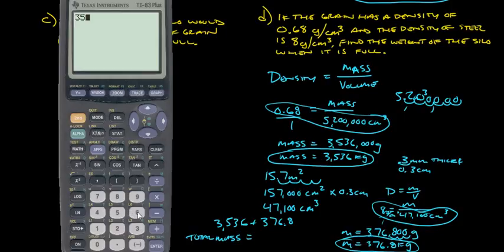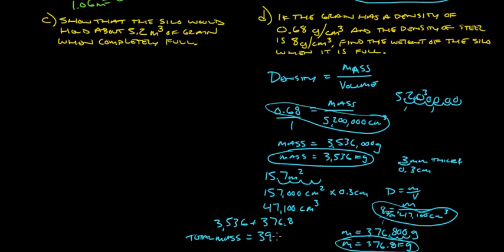So 3,536 plus 376.8, and we get 3912.8. So let's just call that 3913, and this is all kilograms. All right, so that is our total mass for that thing there, and that was one problem.